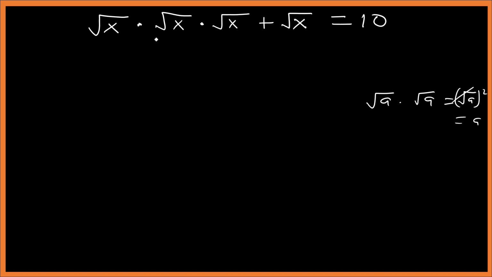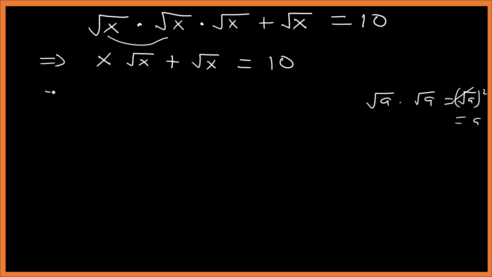So square root of x times square root of x will simply be x here. I won't waste time. So we have x times root x plus root x equals 10.